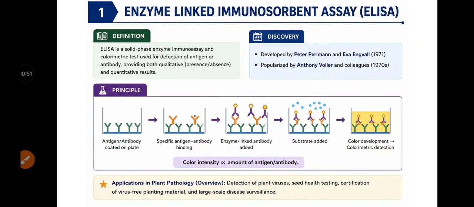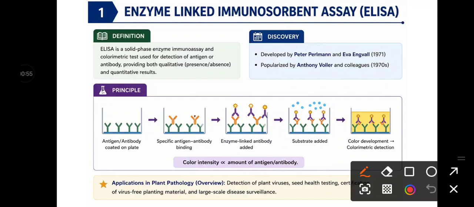So first the definition. ELISA is a solid phase enzyme immunoassay and colorimetric test used for detection of antigen or antibody, providing both qualitative and quantitative results. First one is the solid phase enzyme immunoassay. Why is it called solid phase?